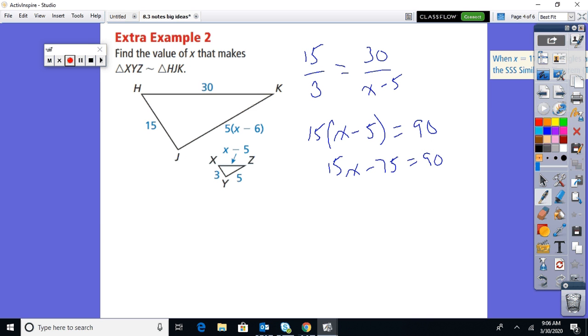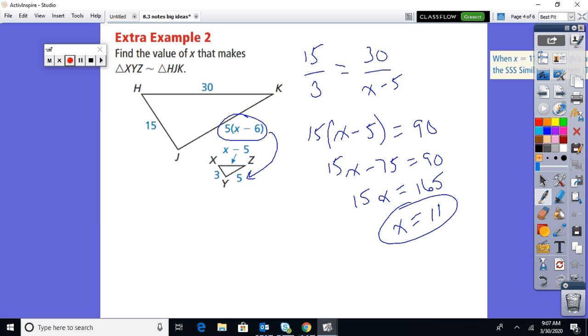And add 75 to both sides. And so then 15 goes into 165 11 times. So 11 is the value of x. And you can double check by plugging it into this side and making sure it stays proportional with 5. And indeed, all the sides do get 5 times bigger. So our scale factor would be 5 to 1.